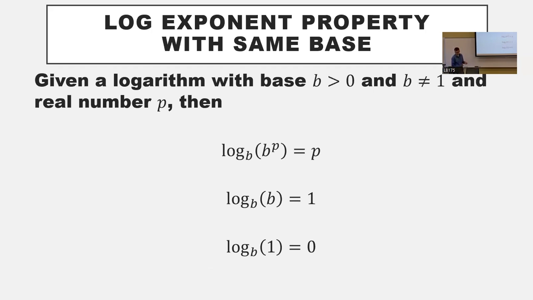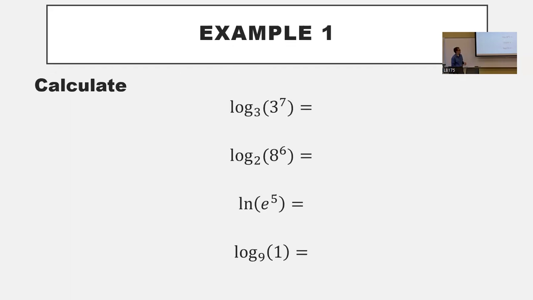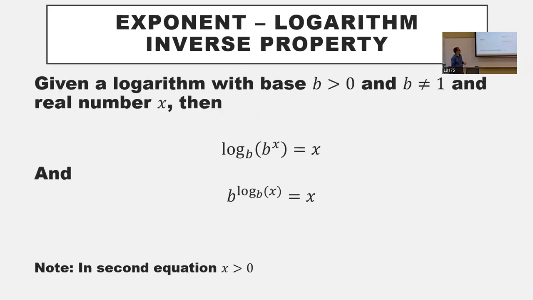That includes the power of 1 and the power of 0. We saw how log base b undoes b to the x, and how b to the power log base b undoes the log base b. So we get that nice property.